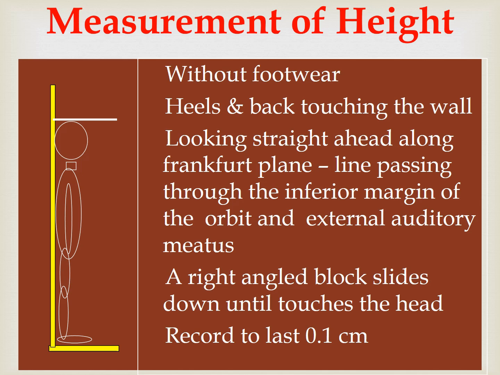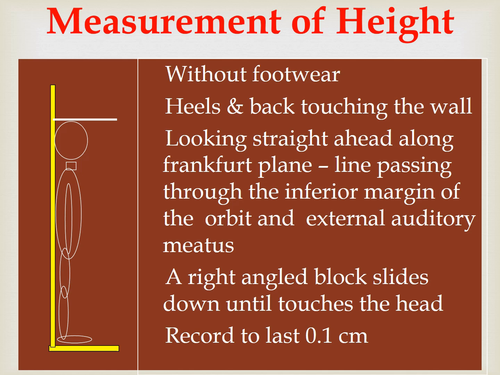Without footwear, a child should stand with heels and back touching the wall, looking straight ahead along the Frankfurt plane. Frankfurt plane is an imaginary line which passes through the inferior margin of the orbit and external auditory meatus. Along this line the child looks straight, with back and heels touching the wall.